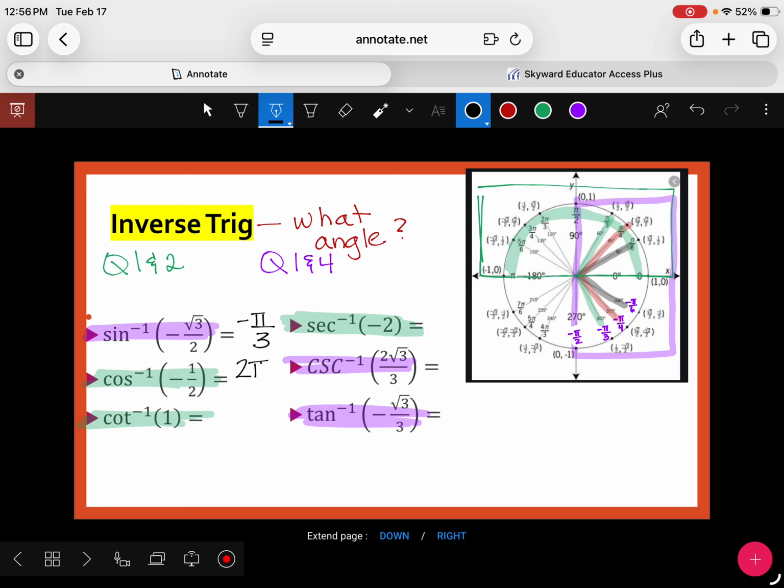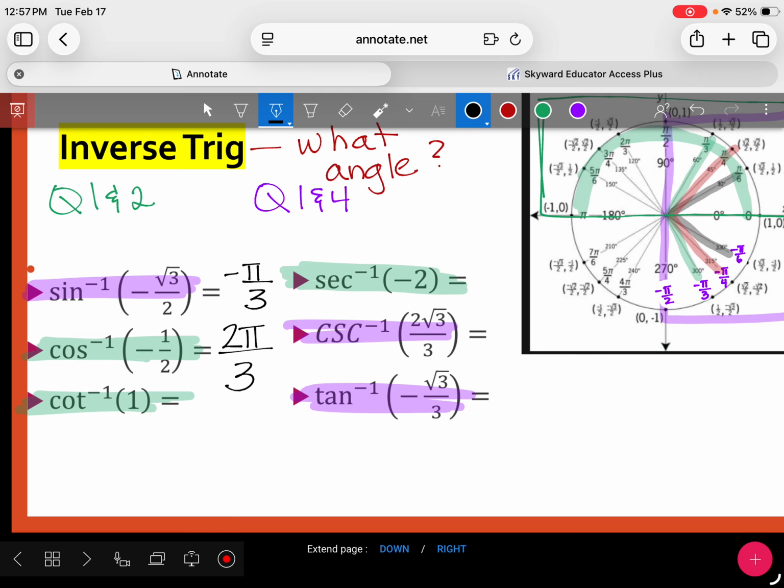All right, now we're down to cotangent. Cotangent and tangent, those are a little tricky, because you have to divide to get your answer. So cotangent is x divided by y, okay. Now it's positive. First of all, cotangent is in 1 or 2.